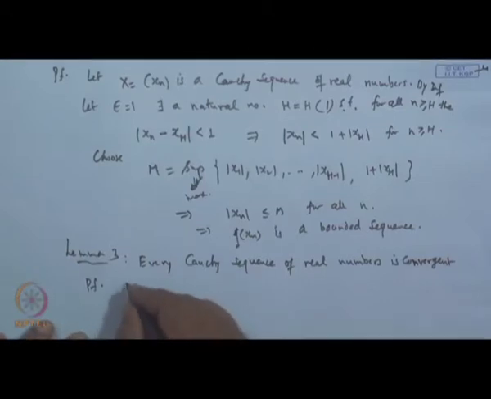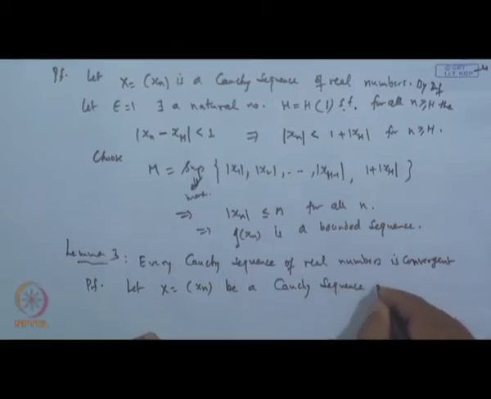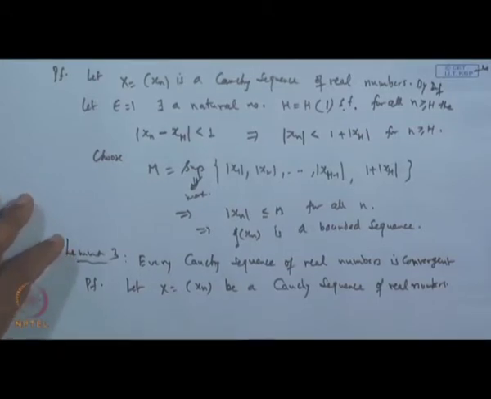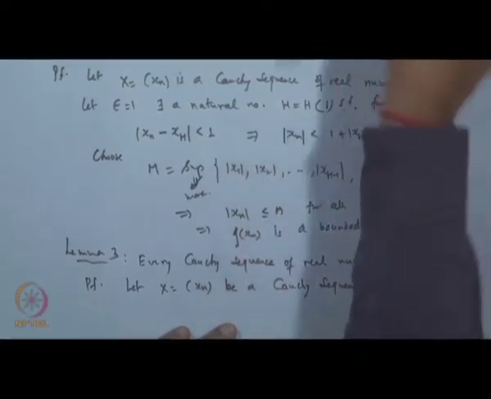Suppose we have a sequence x_n, which is a Cauchy sequence of real numbers. Now, by the previous result, a Cauchy sequence of real numbers is bounded by lemma 2.